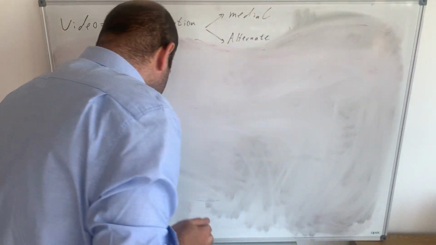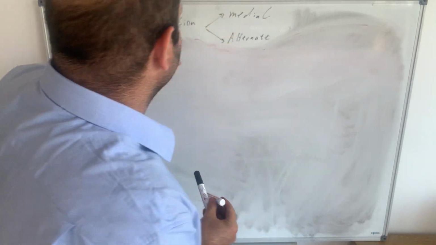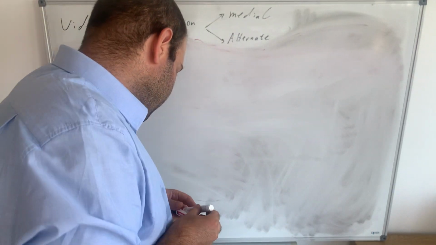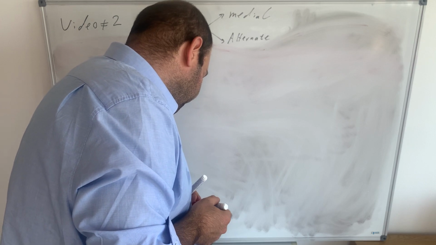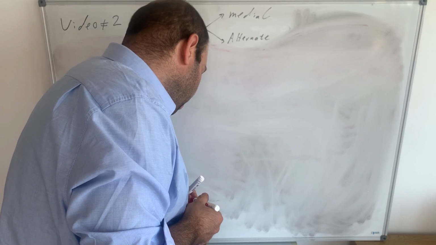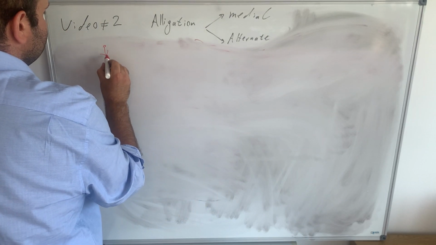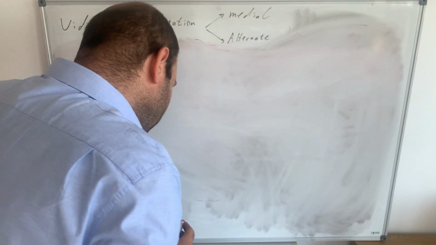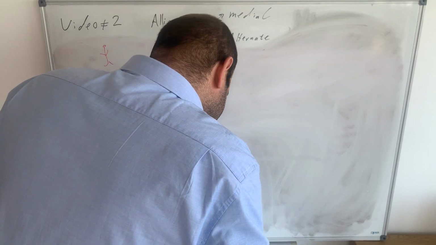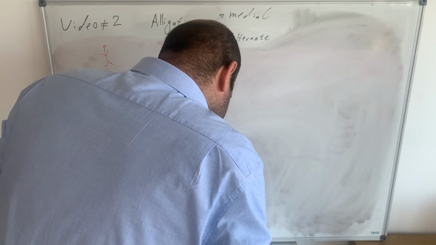So the second question would be using alligation alternates. There's a hospital pharmacist, a beautiful hospital pharmacist, using 3 zinc ointments.